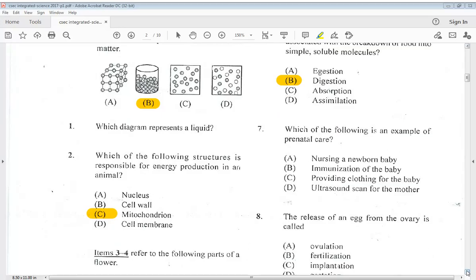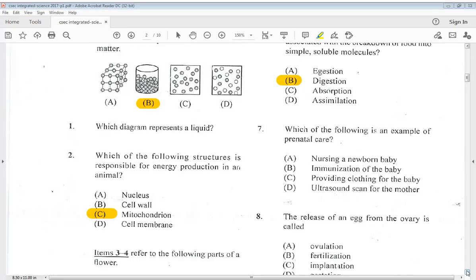7. Which of the following is an example of prenatal care? Now we know prenatal care is actually before the baby is born. So A says nursing a newborn baby. B says immunization of the baby. C, providing clothing for the baby. Or D, ultrasound scan for the mother.